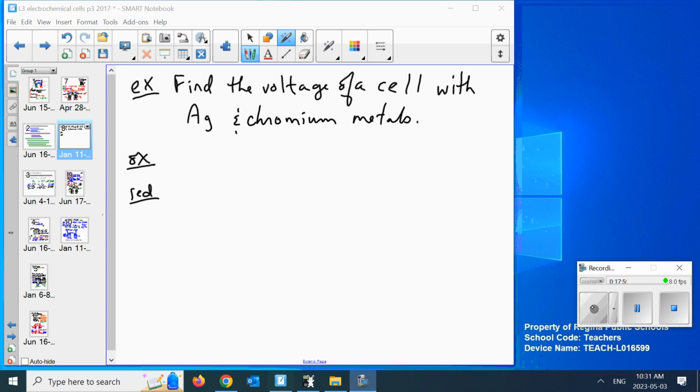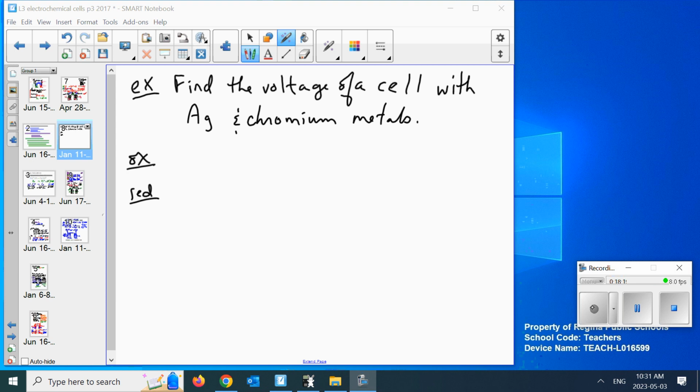So taking this up, I told you your challenge was to find it so that it's a positive voltage. So I look up the two metals. I see that at positive 0.80 volts, you've got silver ion plus an electron makes silver solid.